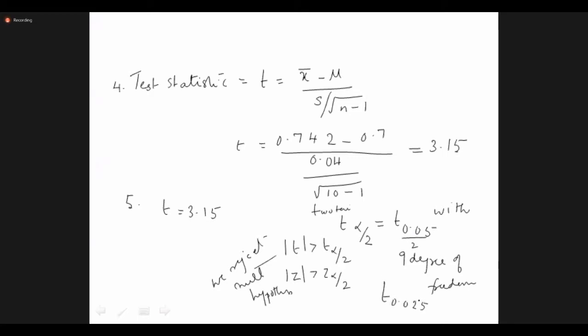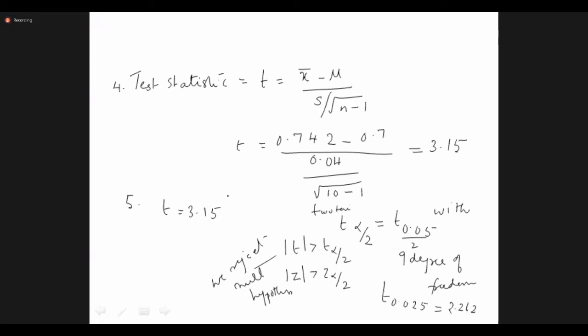In the top line you see 0.025, and 9 degrees of freedom is given on the left hand side. 9 and 0.025 give 2.262.